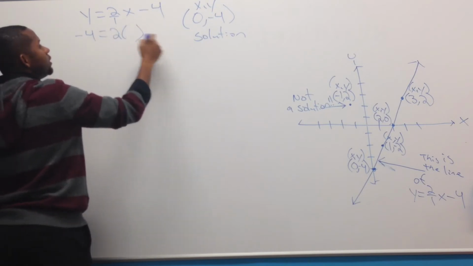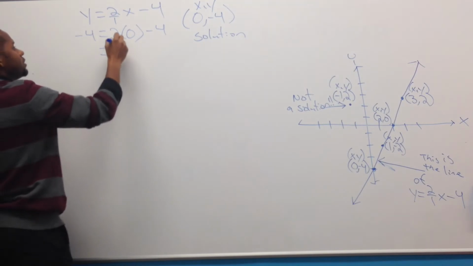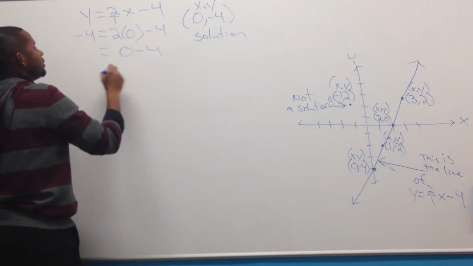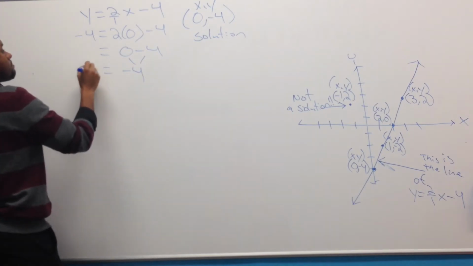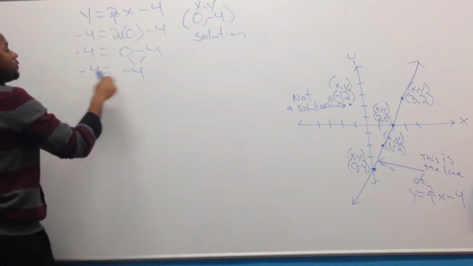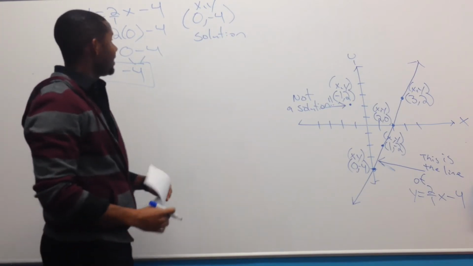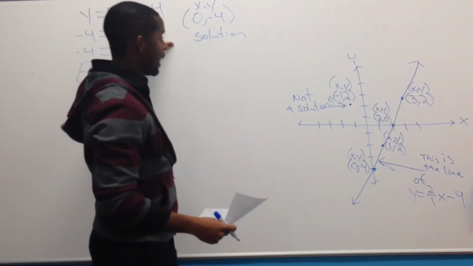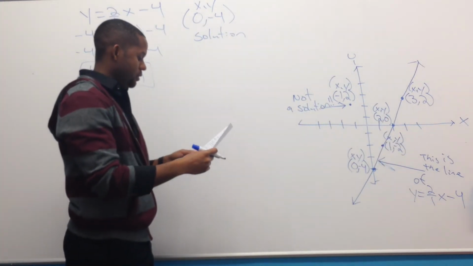This is a 2. x became 0. See what happens. 2 times 0 is 0. 0 minus 4 is negative 4. Negative 4 does equal negative 4. Solution. See the connections between algebra, graphing, and algebra. Okay?